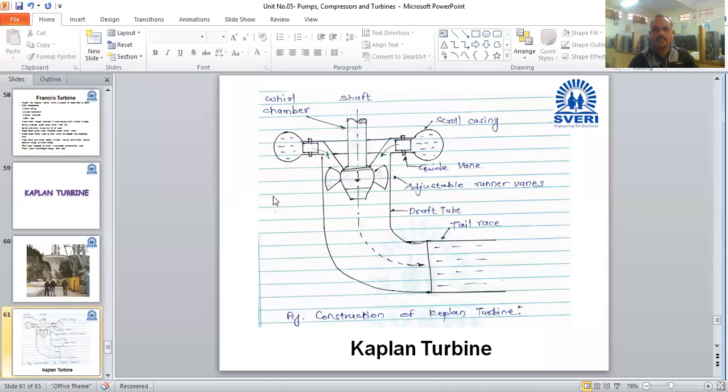Such pipes are called draft tubes. Then here it is the tail race. Tail race means some tank, or we can leave the water to the river. So this is the construction of this Kaplan turbine.